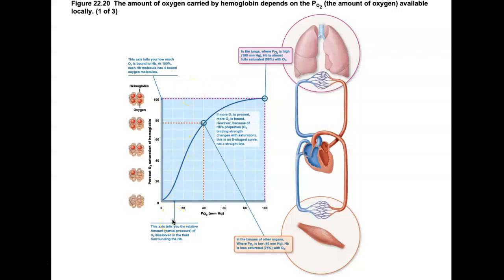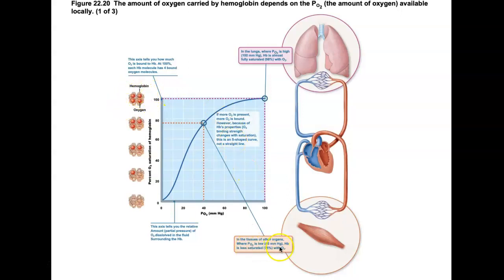So you see on the graph here that on the x-axis we see the partial pressures of oxygen, whereas on the y-axis we see the percent oxygen saturation of hemoglobin. So we see that in the lungs, where the partial pressure for oxygen is high at the 100 millimeters of mercury, hemoglobin is almost at 100%, or it's almost fully saturated with oxygen.